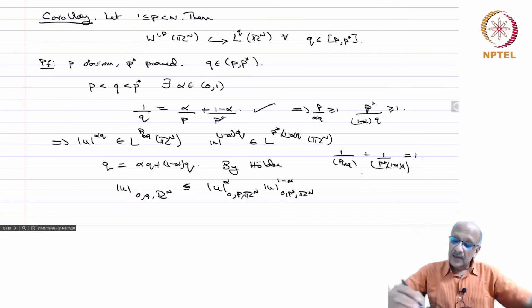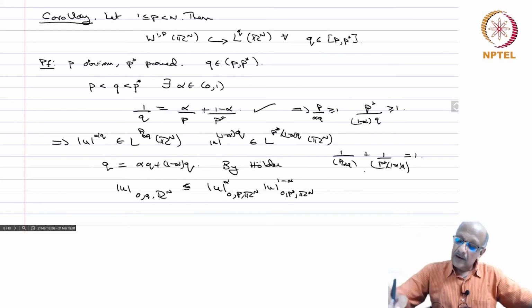So just check the algebra. I have taken 1 by q on both sides, and that will go away, and there will only be an alpha left behind like this.